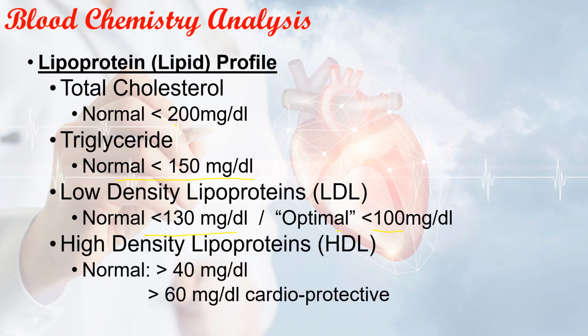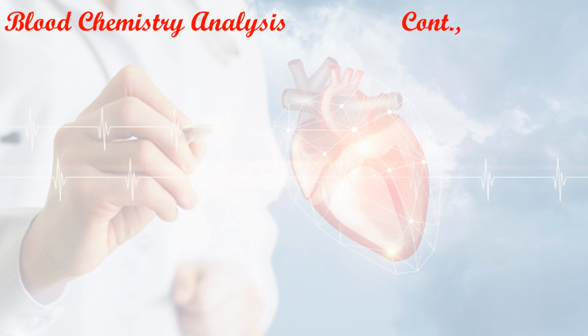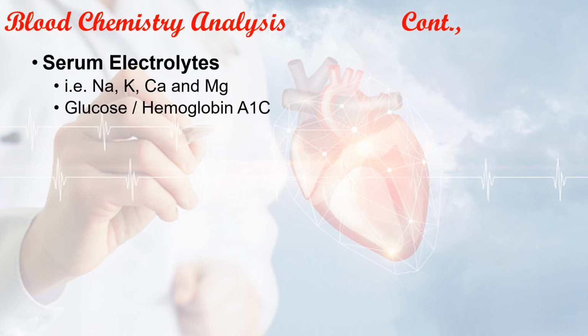And high density lipoprotein, that is the good protein, HDL. The normal range is more than 40 milligram per deciliter. More than 60 milligram per deciliter means it is a cardiac protective factor. Then serum electrolytes.